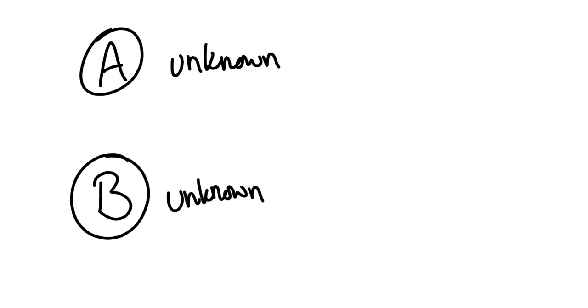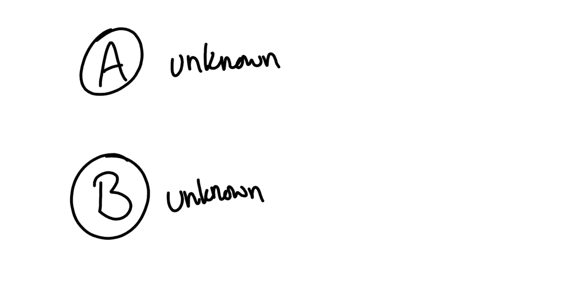Right? So what you're going to do is, it's unknown. So you're going to conduct all three tests for A and then all three tests for B to identify which biomolecules are present in solution A and which biomolecules are in solution B.